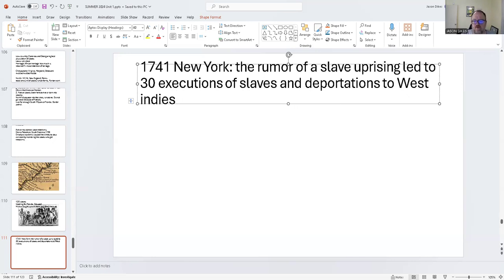And getting deported to the West Indies is a death sentence. It's just a slower death sentence because you'll be worked to death there.